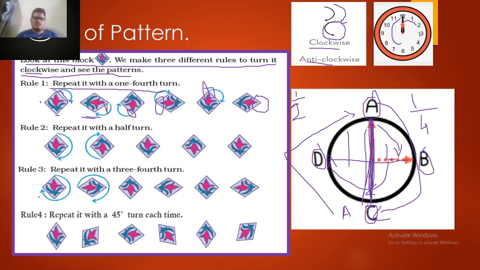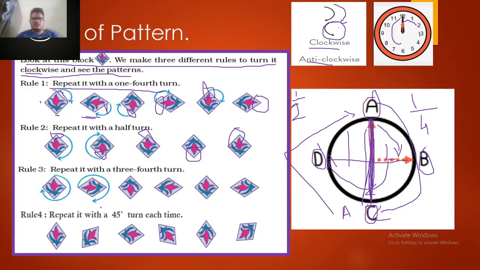You can see this one part, after turning half, came downside. Again it will become upside after the half turn, again downside after the half turn, again upside after the half turn. So this is the rule: repeat the pattern with a half turn.